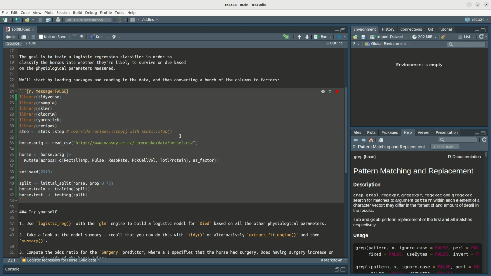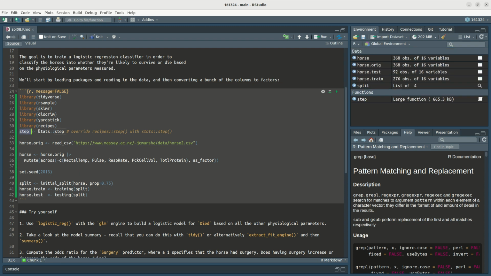And you'll notice that one of the things I do here is I redefine the step function. The reason I'm doing that is that we're going to use step for stepwise regression, and that's in the stats package, but the recipes package also defines the function step.